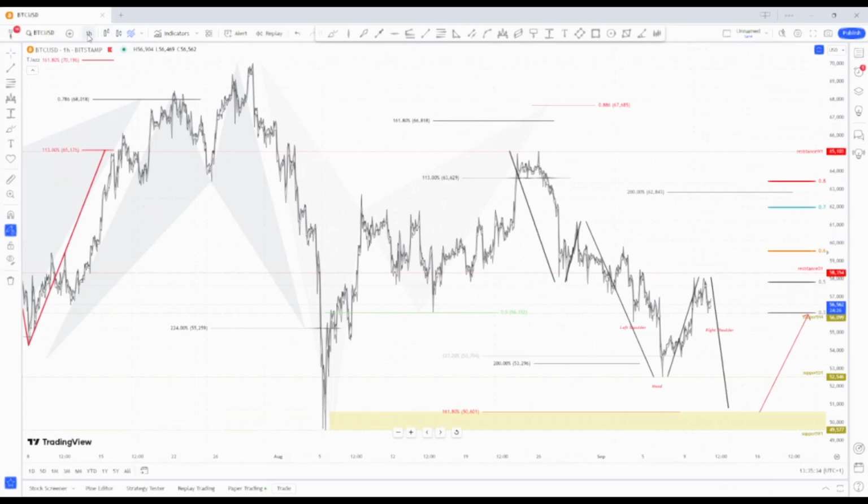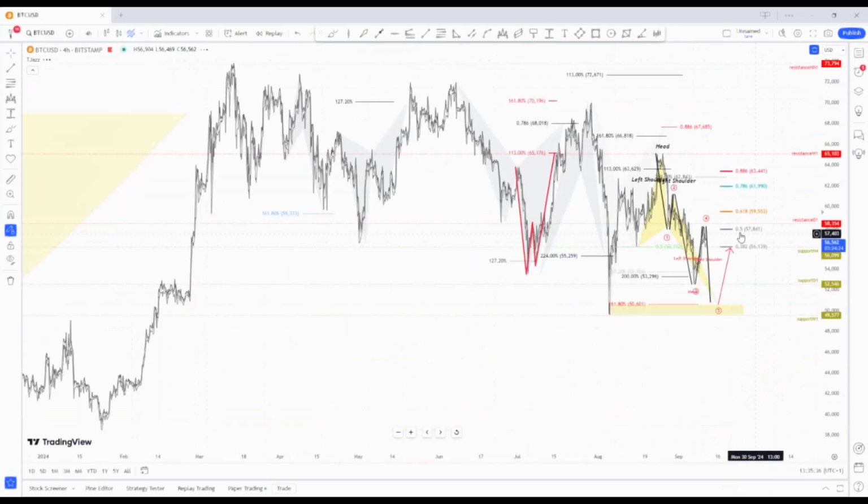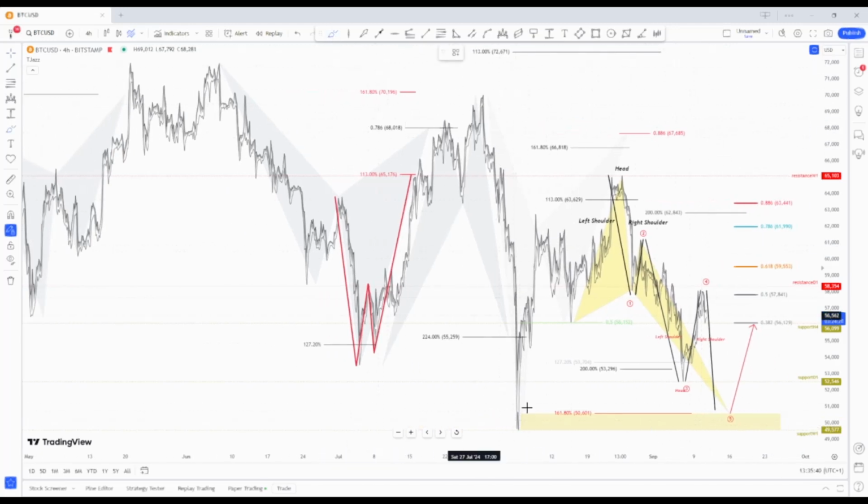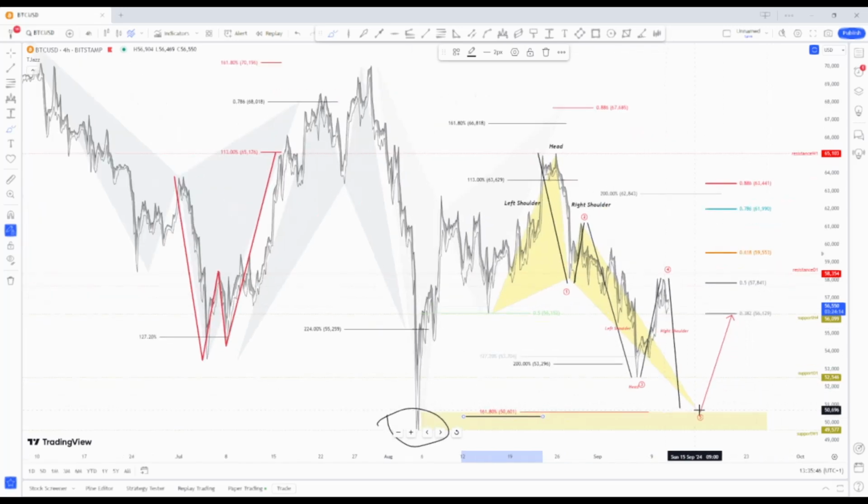Bitcoin. I do expect more bearish momentum. Let me increase my time frame. I'm waiting to see a retest of this previous structure in fractal support levels. As I mentioned before multiple times, I'm waiting to see the golden Fibonacci extension level 5,600.